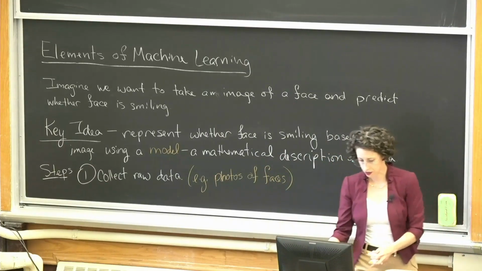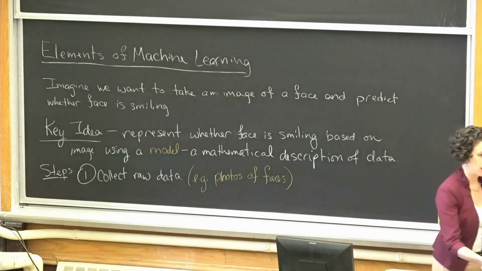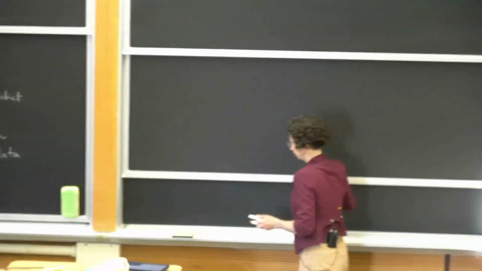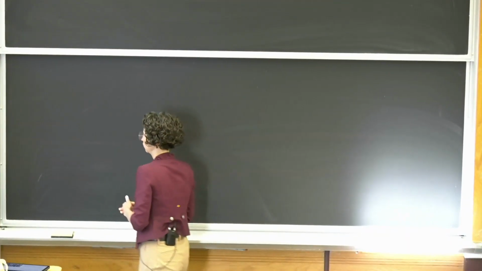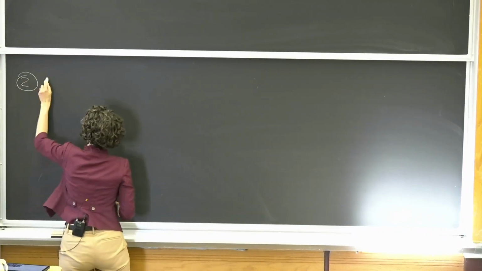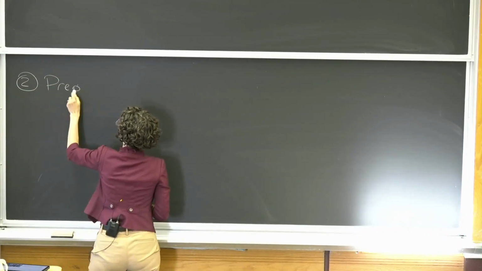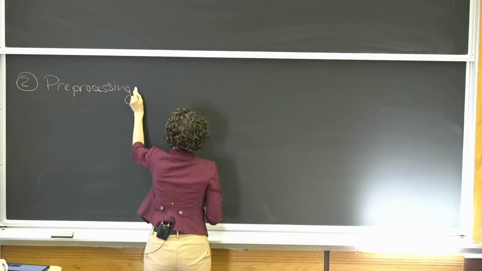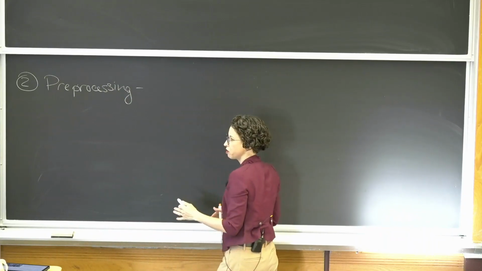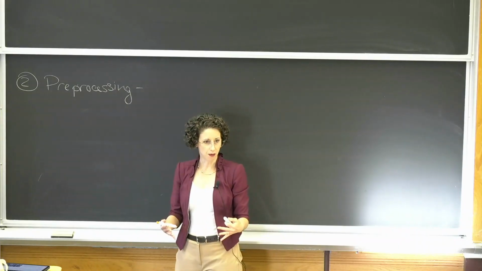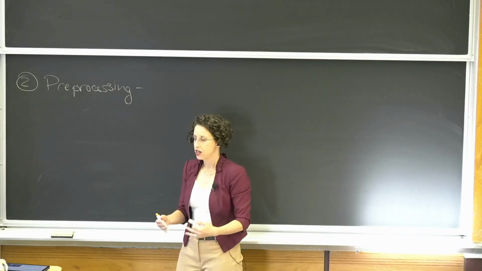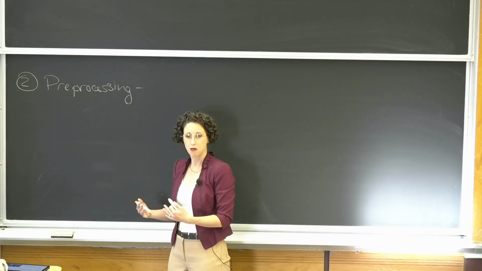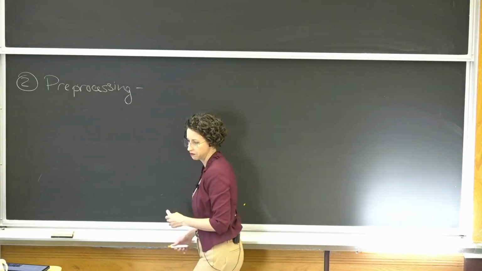Our second step is going to take this data and do preprocessing. And so in here, what we're doing is we are performing simple operations on the data that's not going to affect our end task, but will make the task easier.